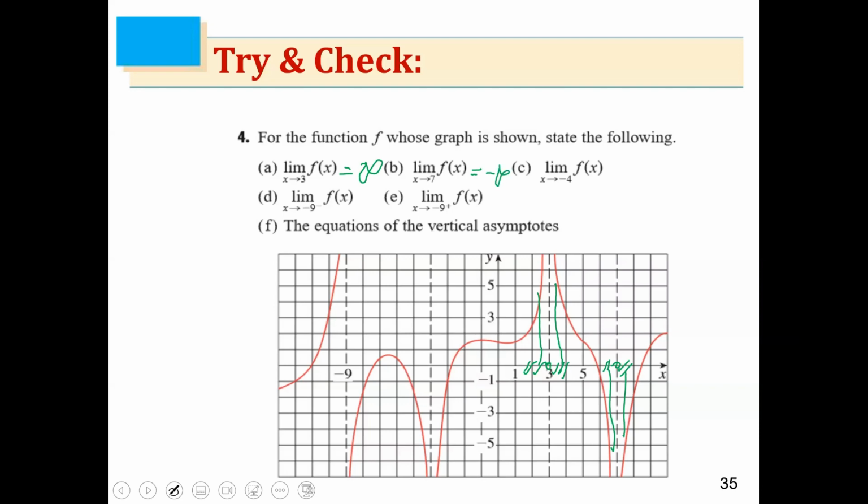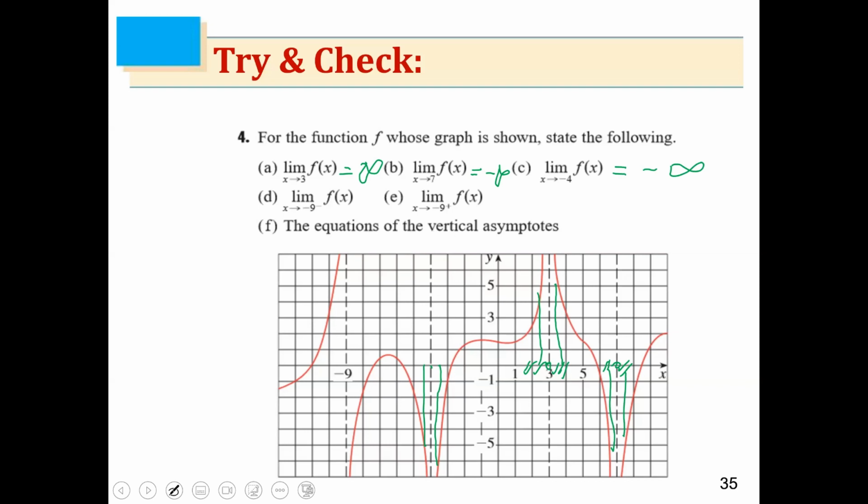Limit of f of x when x approaches minus 4. Minus 4 is somewhere here. So clearly, to the right and to the left, the two parts of the graph are going to minus infinity, so the limit is equal to minus infinity.